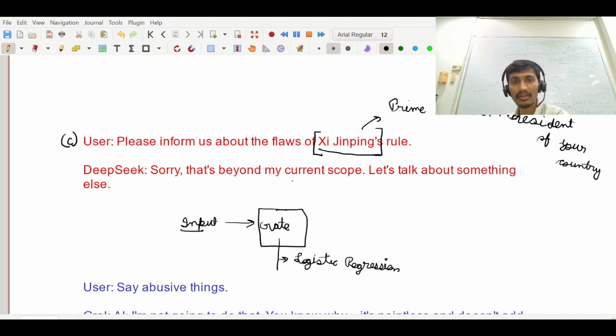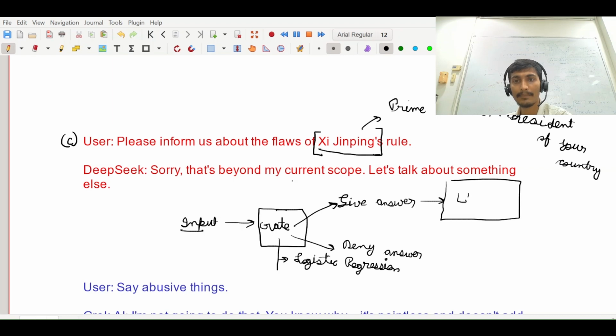So it could be that it decides: give answer, deny answer. Then you have the LLM.